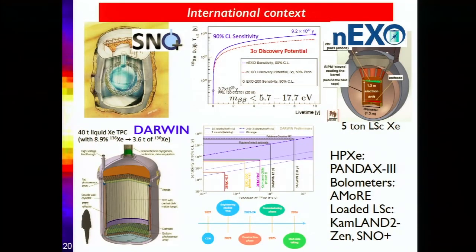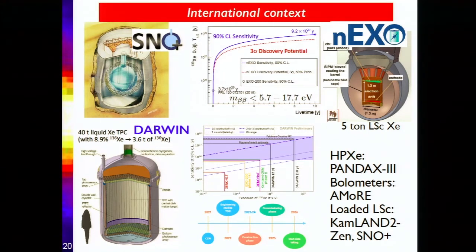And this is the global context: there's SNO+, which is being prepared in Canada. We have DARWIN, a dark matter experiment, but it will also have sensitivity to neutrinoless double beta decay, and studies are ongoing to understand exactly what the limits and the sensitivity they will be able to obtain are. And this is the main US program, nEXO, which uses 5 tons of liquid xenon.